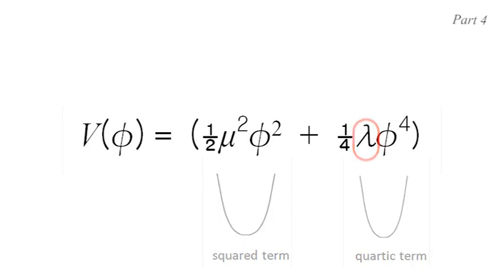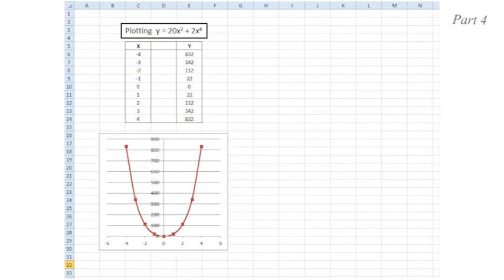If you plot some numbers out in Excel for this, you'll see that you get something which actually looks parabolic. In a sense, the two shapes merge into one. It looks, for all intents and purposes, like a simple parabola. You don't really notice visually any evidence of the quartic term.